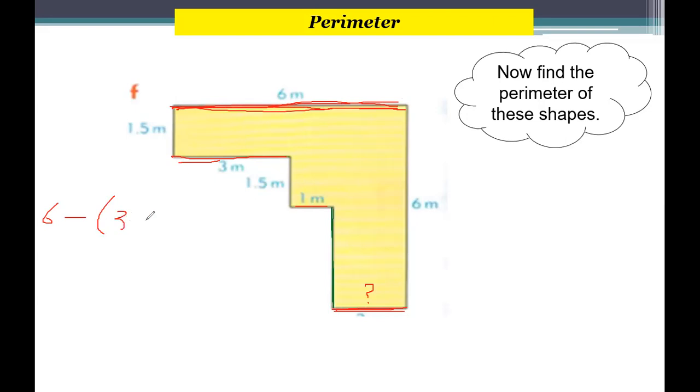So 3 and 1, so plus 1. So that will be 6 minus 4 equals 2. Therefore, this is 2. Why? Because 2 plus 1 is 3, plus 3 equals 6. Now, we have to find this one.